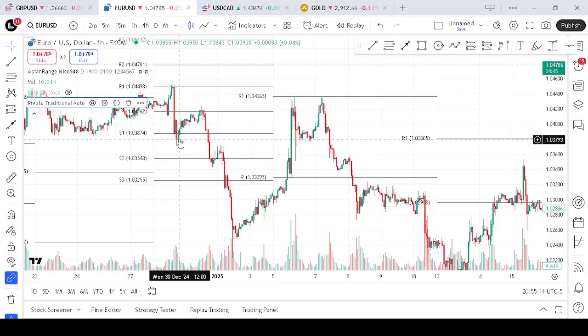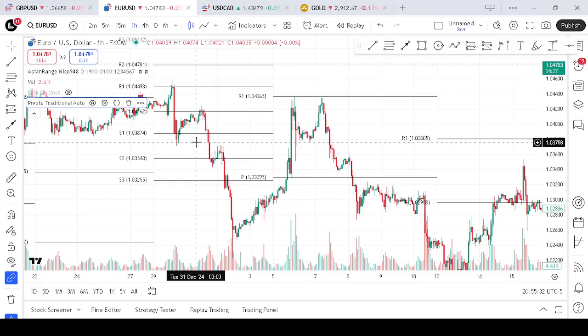You have to monitor price action around the S1 level to see if price will close below with conviction on that S1 level. You enter the trade and you look for a clean break.